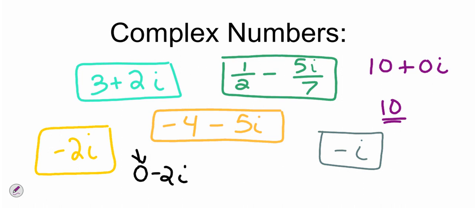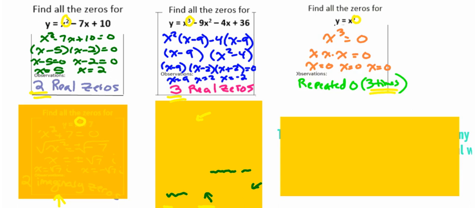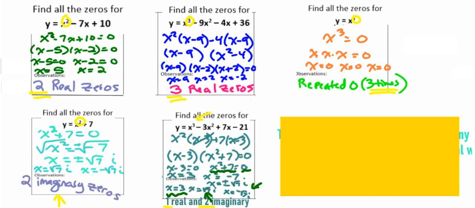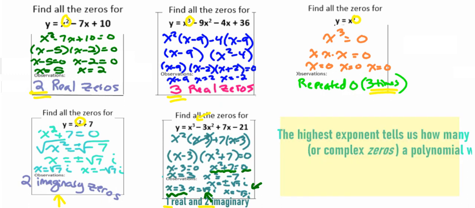So when we look at our zeros, even though I said real, 5 and 2 can also be considered complex numbers, right? Because 5 plus 0i, 2 plus 0i. Same thing.